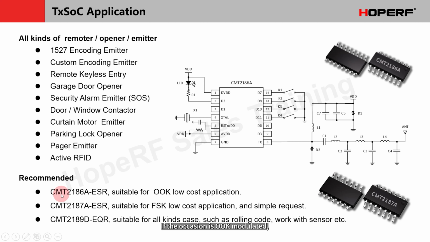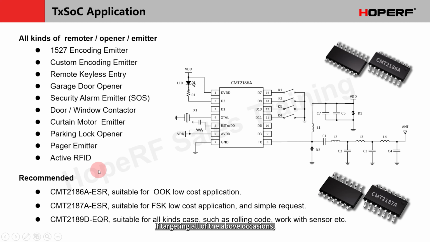If the occasion is OOK modulated, with low requirements and cost sensitivity, we recommend considering the use of CMT2186A. If the occasion is FSK modulated, with low requirements and cost sensitivity, CMT2187A can be recommended.